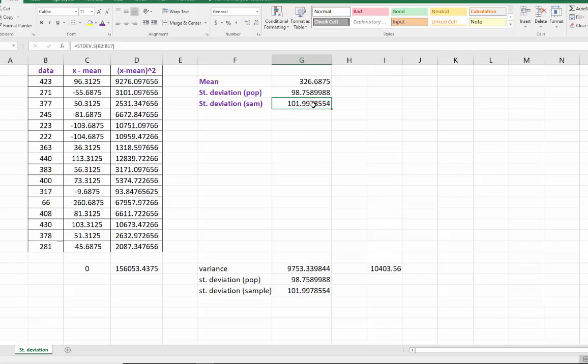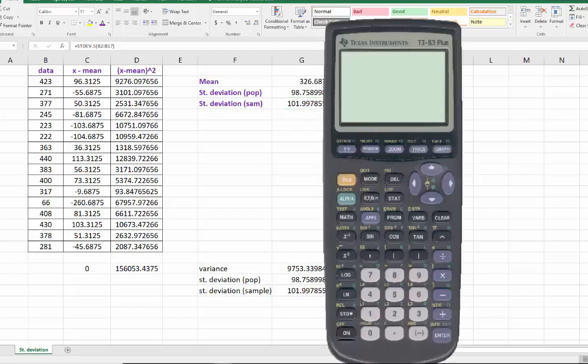So how would you do it on your calculator? Let's see. I already have all my data points in my calculator. So let's go in here. I can just turn it on. If you go to Stat, Edit, you see that my values are already in column 1. You can plug it in any column you would like.